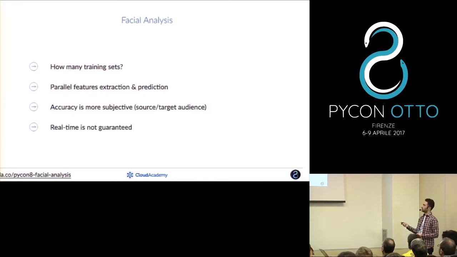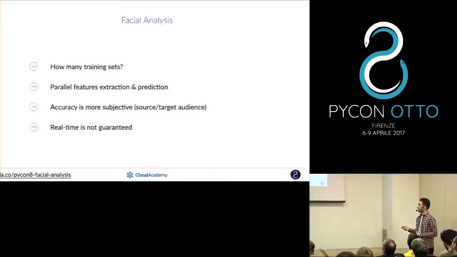So what are the key points? How many training sets do you need? Is it a huge one? Is it one for each model? Can you share the data sets between different models? That's a tough problem. I haven't worked on this really. How do you do feature extraction in parallel? How do you predict or classify or whatever you're building in parallel?